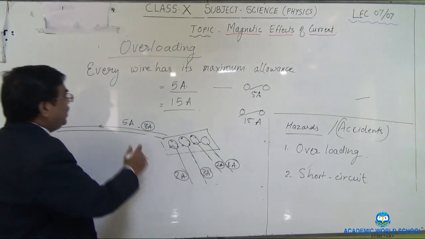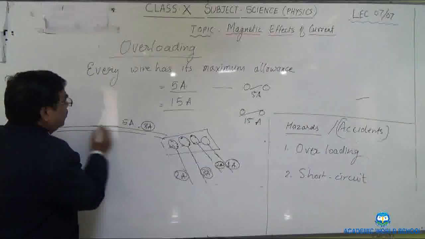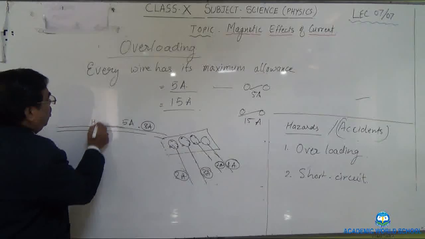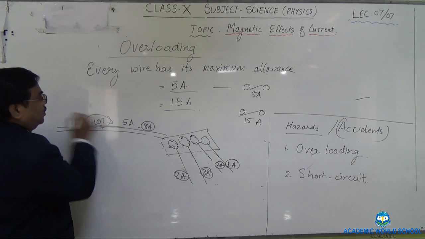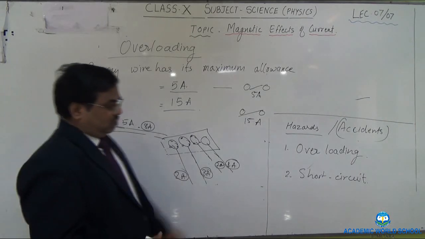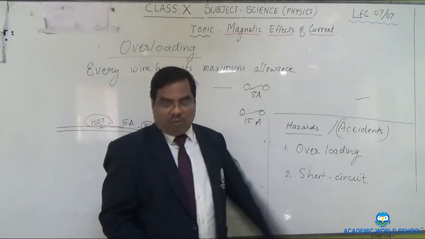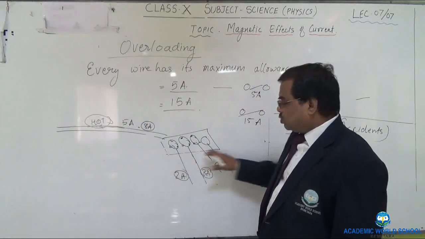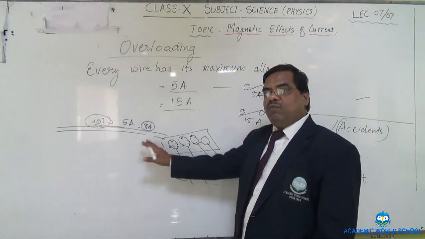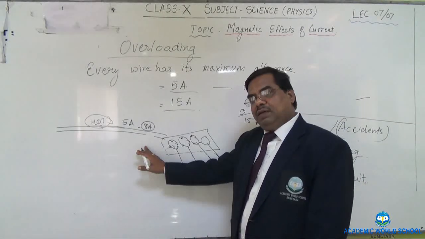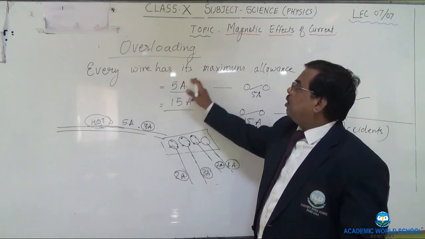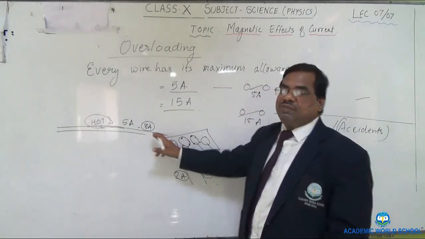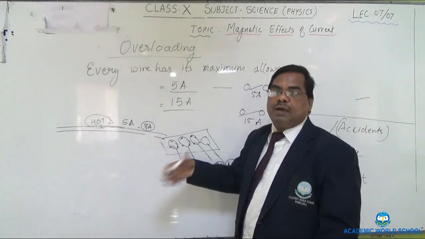The result will be this wire will become hot, and that is called overloading. So once again, if you connect so many appliances in one pair of wires that is above the maximum allowance, the wire will become hot.